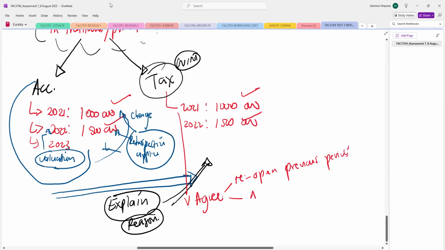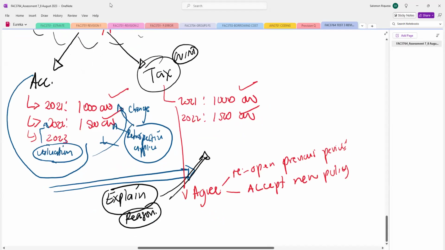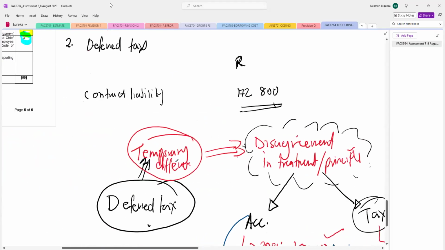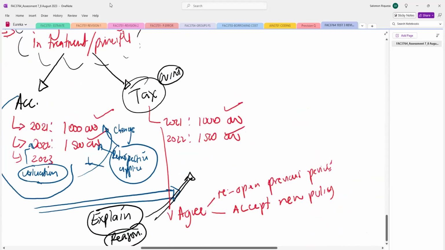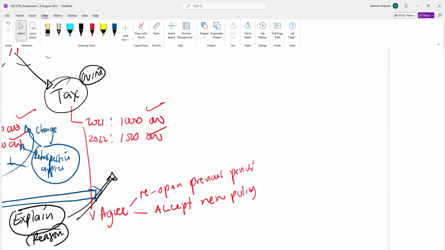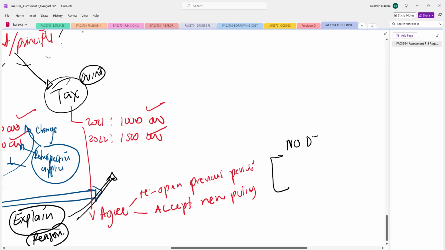They will also accept the new policy for the current year. So in this situation, there's no disagreement, so we can't talk about temporary difference or deferred tax. If they agree, there is no deferred tax. The only thing we'll do is adjust current tax. Any tax effect, just adjust current tax, no deferred tax.